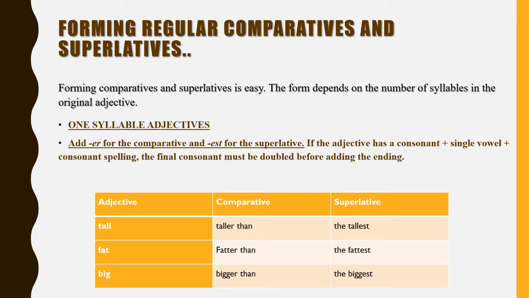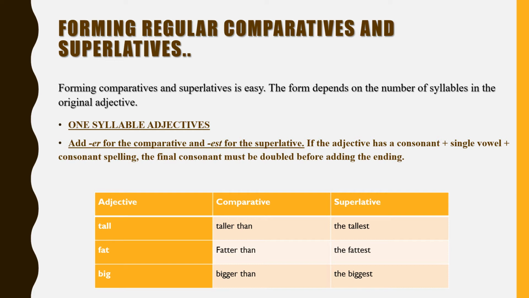The second one we have is fat. Now I can double the last letter, T, so it will be fatter than, and the superlative form, the fattest.